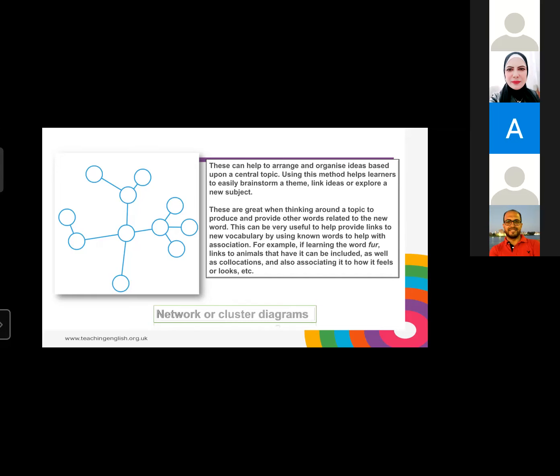You brainstorm the learners to think about lots and lots of words, and you can make it more specific. For example, to talk about fruits, to talk about vegetables, to talk about breakfast food, to talk about drinks, and so on. So as we did, we tried to think of a lot of words or a lot of vocabulary.